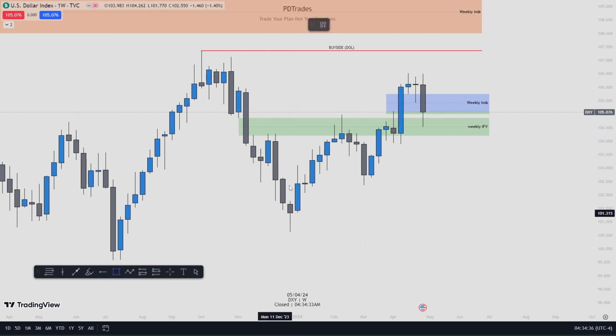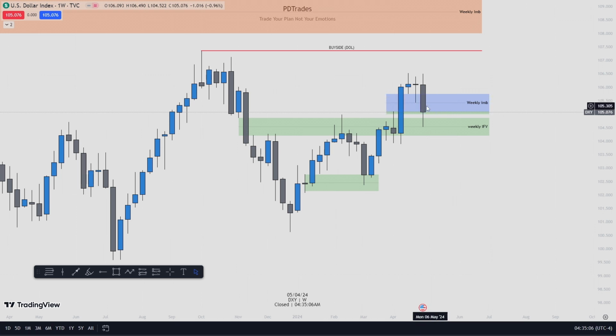You see that? So it used this order block as a push and took out this higher high here, right? After taking out the high, it retraced inside this order block here, and also this weekly inversion fair value gap, reaching the midpoint of it.